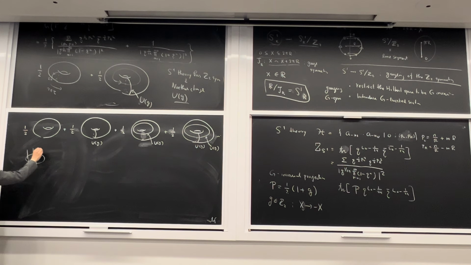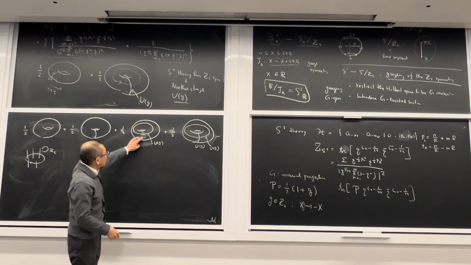But then Z2 symmetry can act non-trivially on the fiber. And in particular, when you go around the space and come back to the same point and try to periodically identify the space, there might be the action of this discrete group. And this is what this is doing.